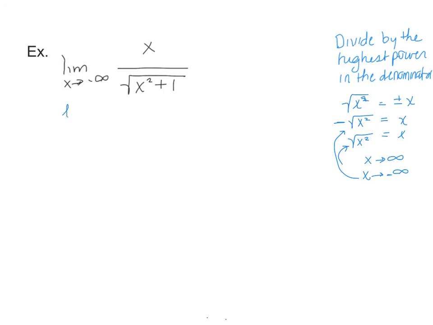So I'm going to write out the limit as x approaches negative infinity, and we are going to divide all of this by x, because x is the square root. So I'm going to have x over x, and in the denominator I'm going to have the square root of x squared plus 1 divided by the square root of x squared.